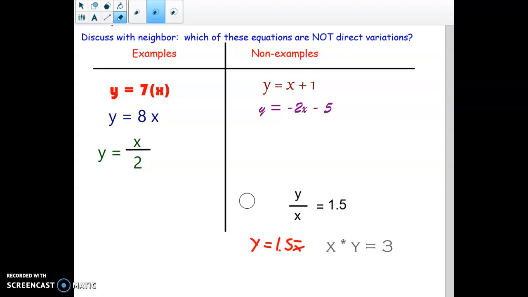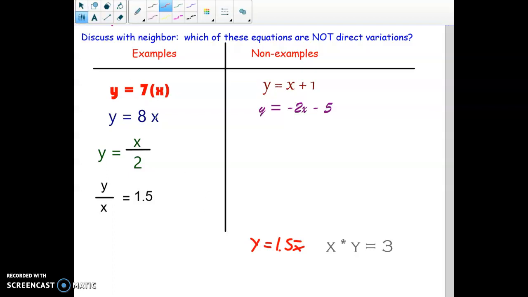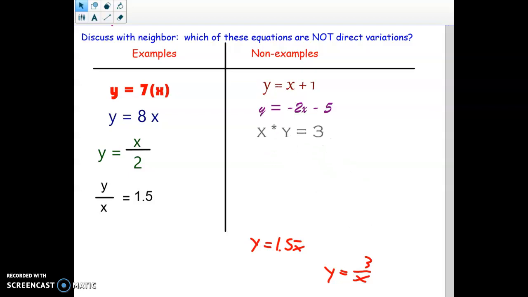The last one is pretty tricky. Solve it for y, and it ends up being y equals 3 divided by x. That's not a direct variation because we have x on the bottom. It's not even linear; if you graph it, you get some crazy-looking things.